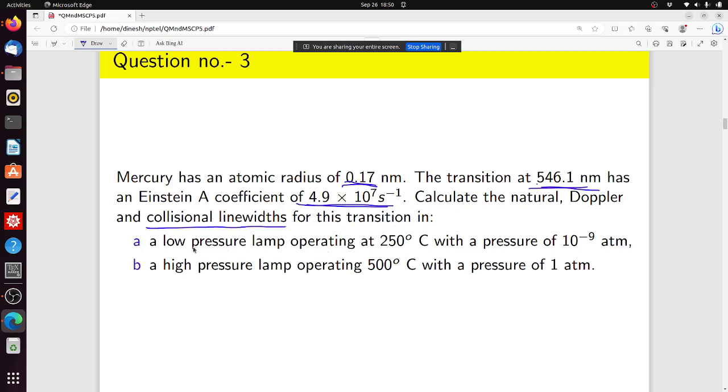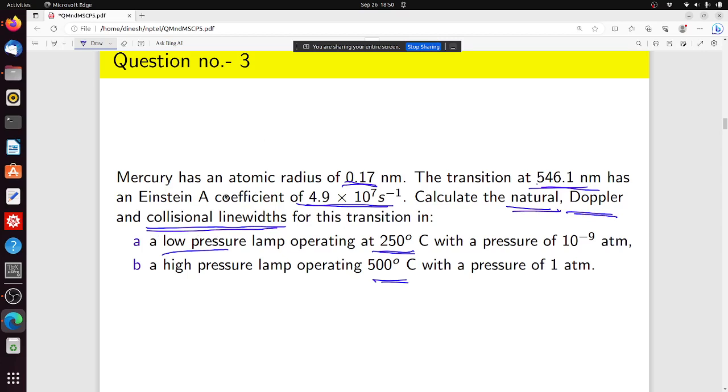Okay, so there are two conditions: low pressure and temperature is 250 degrees Celsius, and high pressure and high temperature. In the week number 5 class you already know the formula for this one and this one, and for collision line width I just now told you the formula.